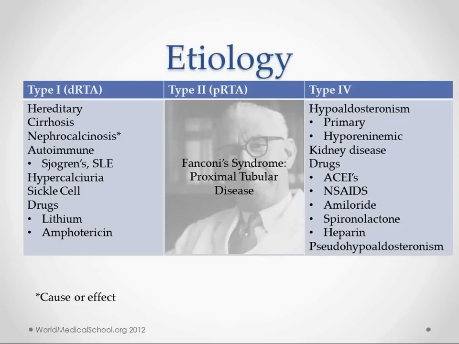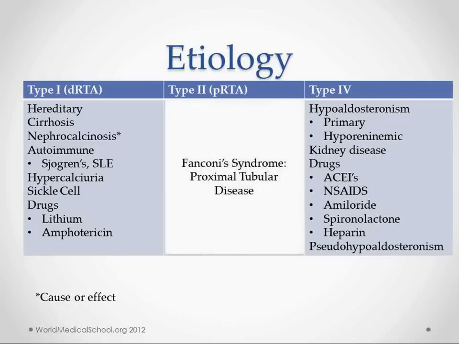So it's really any dysfunction of the proximal tubules, which is, remember, where we said type 2 occurs. And it turns out actually Fanconi didn't really discover this, so we don't really need to call it Fanconi syndrome anymore, but we still do anyway.